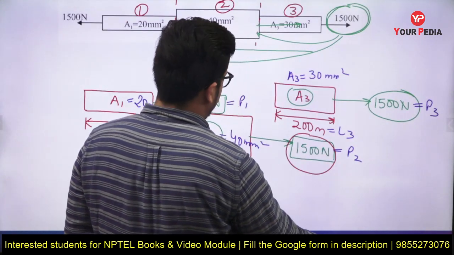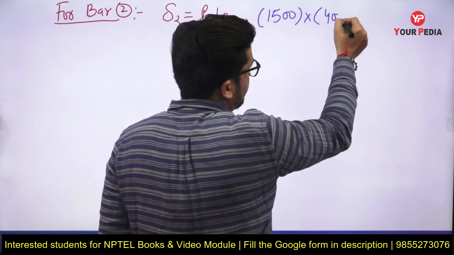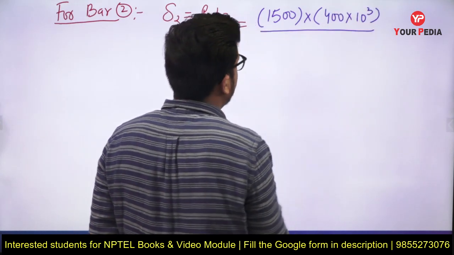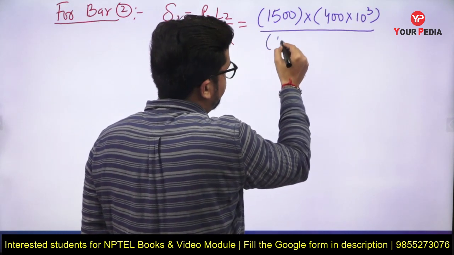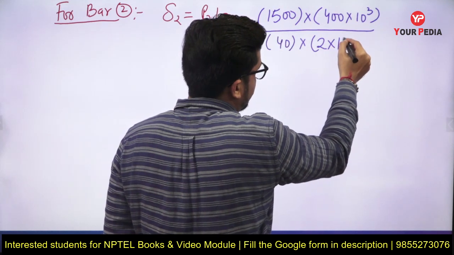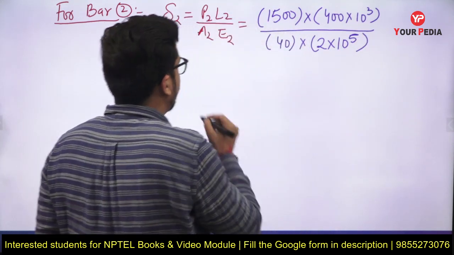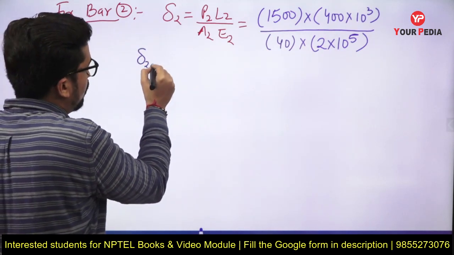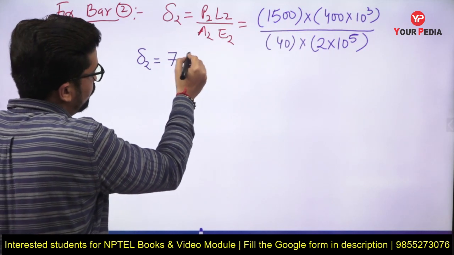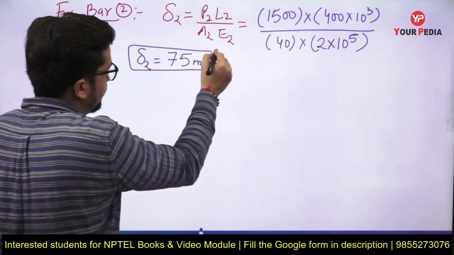Let us convert this into mm. So 400 into 10 raised to power 3 will be the length in mm, and area is given to us as 40, and E we have calculated as 2 into 10 raised to power 5. On solving this, you will get the deformation in second bar as 75 mm.